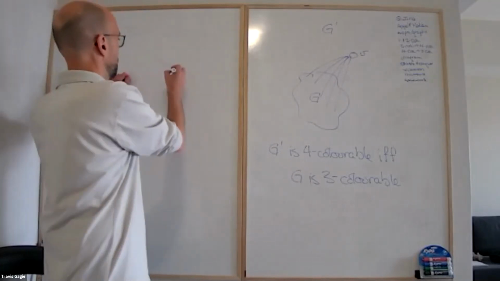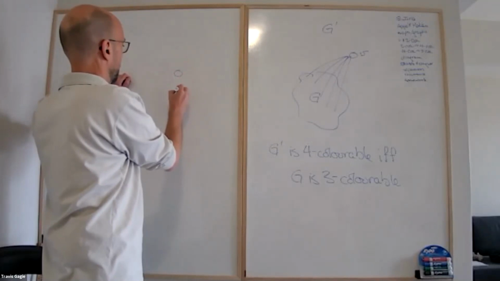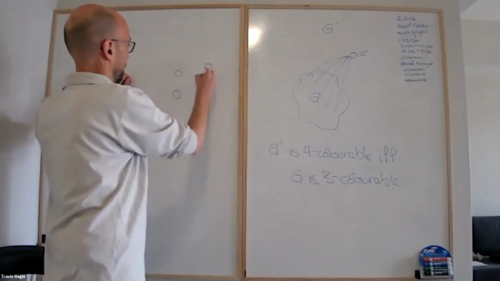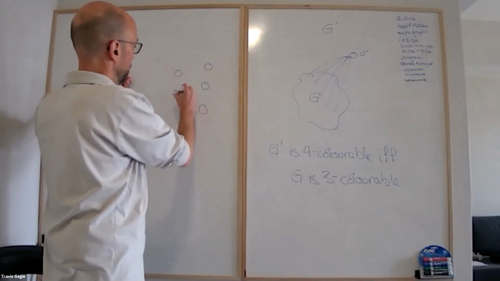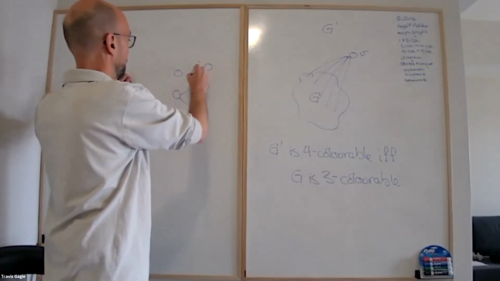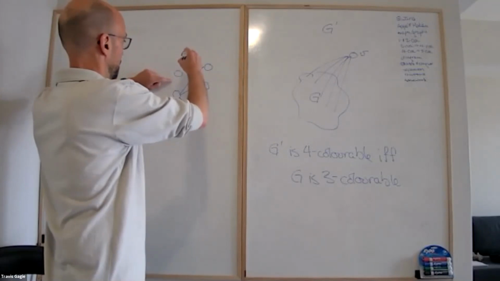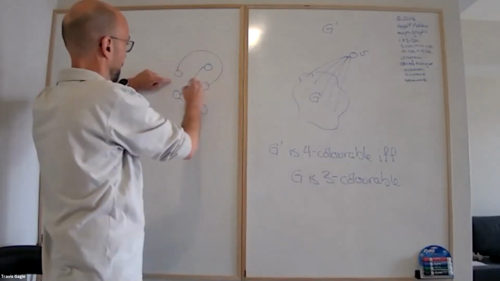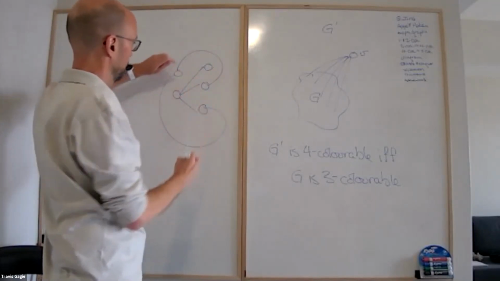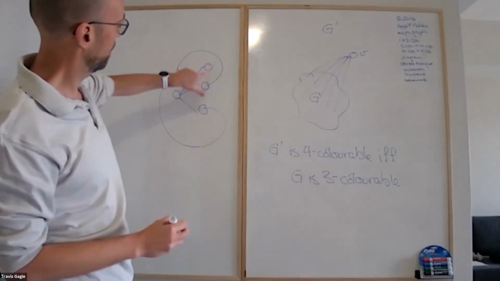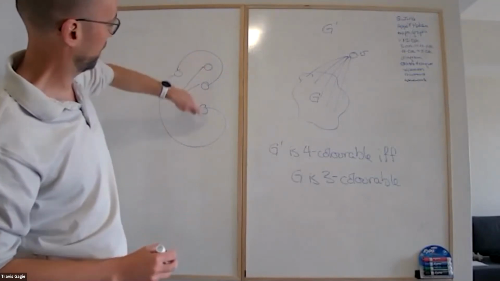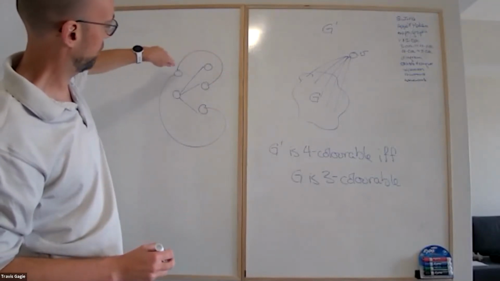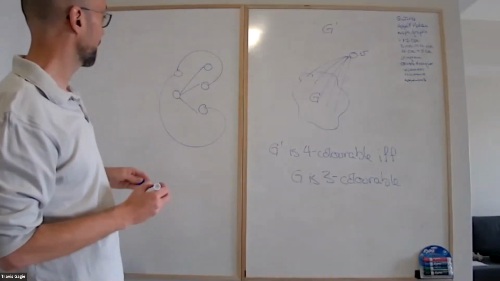If I give you a K23, this is planar. These are two bipartitions, and everything on this side is connected to everything on that side.